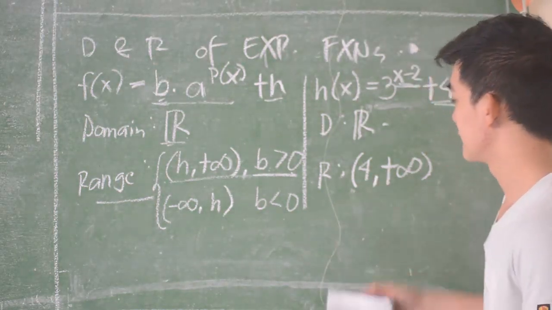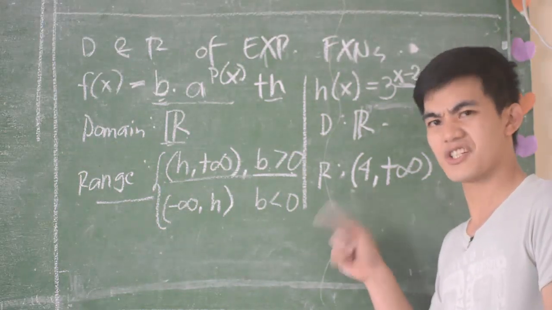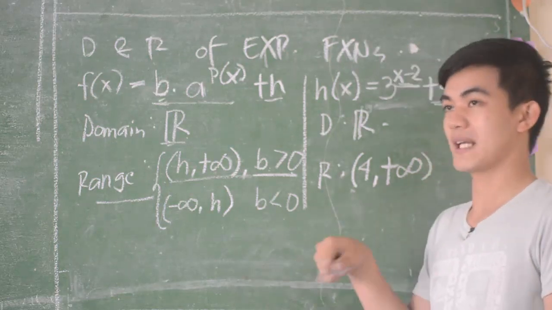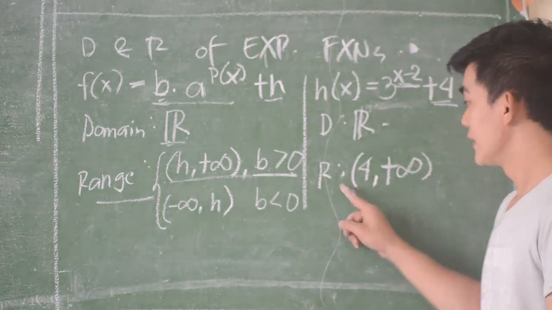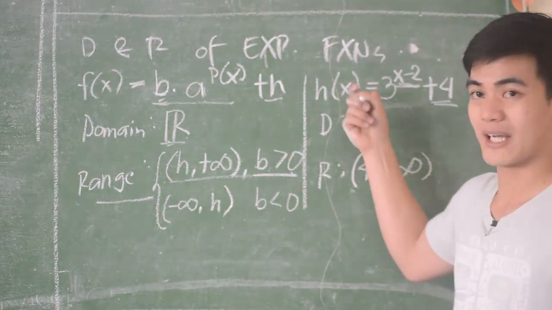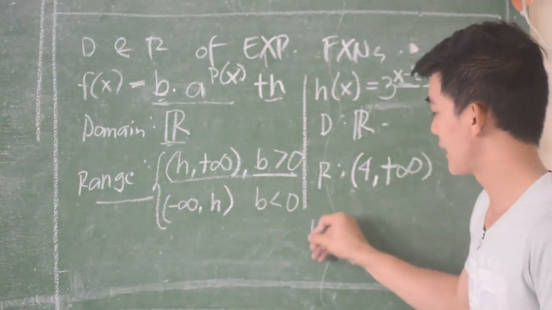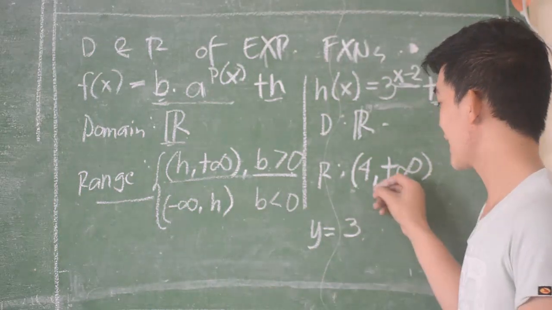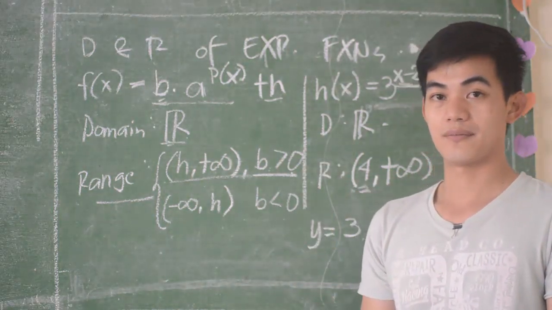Ibig sabihin, class, from 4.0001 siguro, basta except 4, kung ano yung number na pinakamalapit or mas malaki sa 4, hanggang infinity, pwedeng lalabas na value ng ating y. So, kahit anong gawin natin dito, kahit anong i-substitute natin dito sa ating function, walang lalabas na value ng y ay 3. Kasi yung range natin dyan, from 4 up to positive infinity.